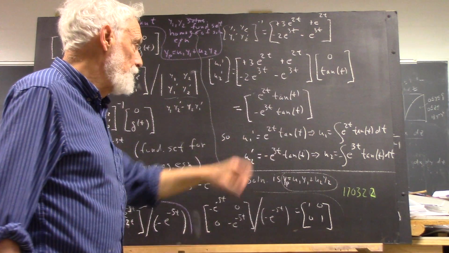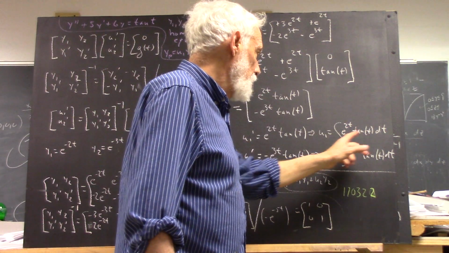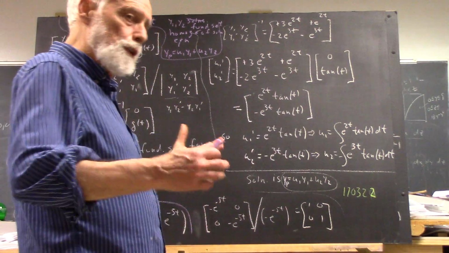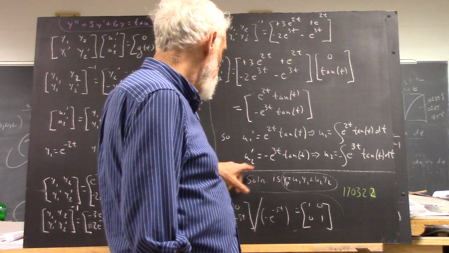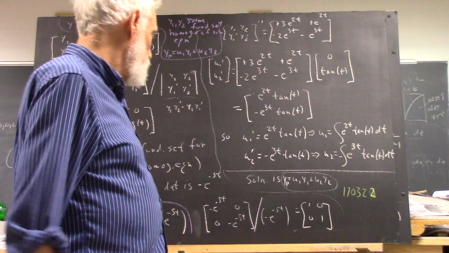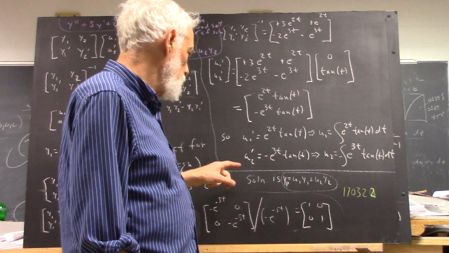So u1 prime is this, meaning that u1 is an antiderivative of e to the 2t tangent t. That's not a trivial integral. You're going to have to integrate that by parts, and you might run into some problems with it. I haven't actually integrated it. I think it can be integrated. It looks like there's a clear path to doing that, but I haven't done it yet.